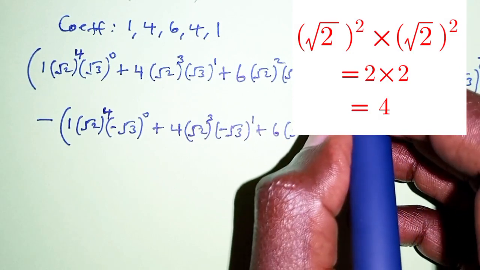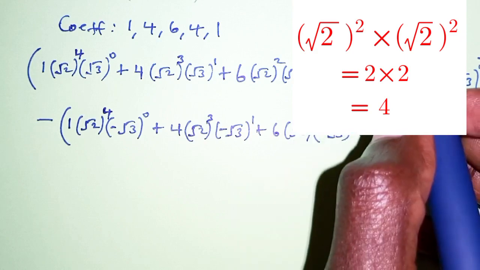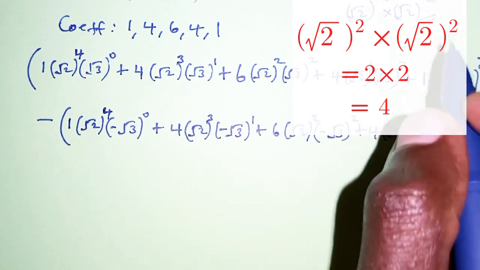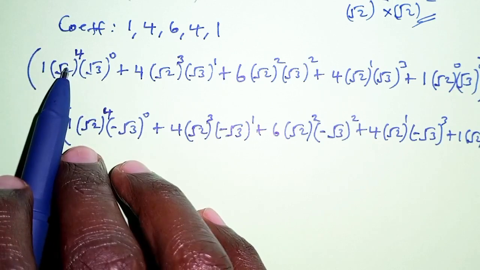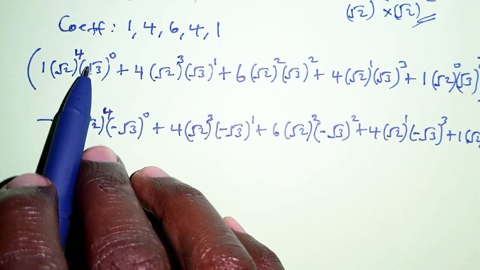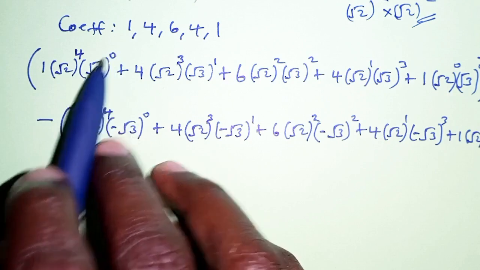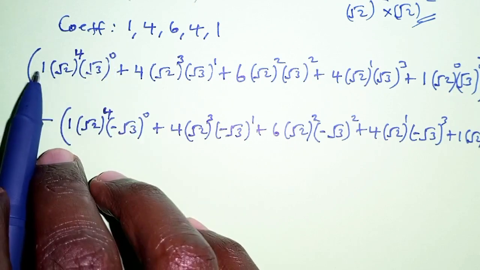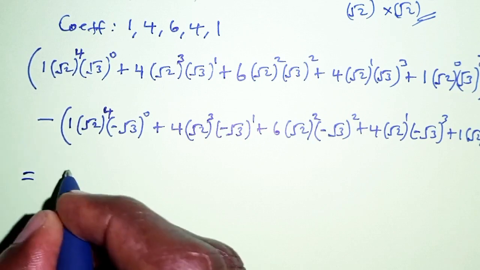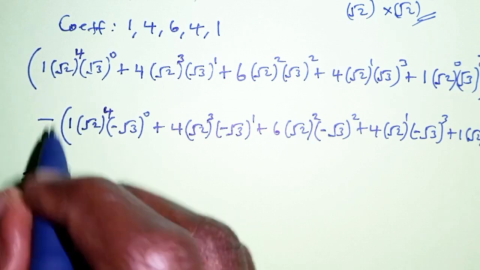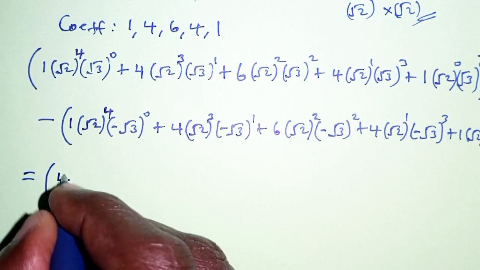So that is root 2 squared is 2, root 2 squared 2, so 2 times 2 is 4. So for this first part, we have 1 times 4, and then we have root 3 raised to 0, a number raised to 0 is 1, so we have 1 times 4 times 1, so for the first part, we have 4.